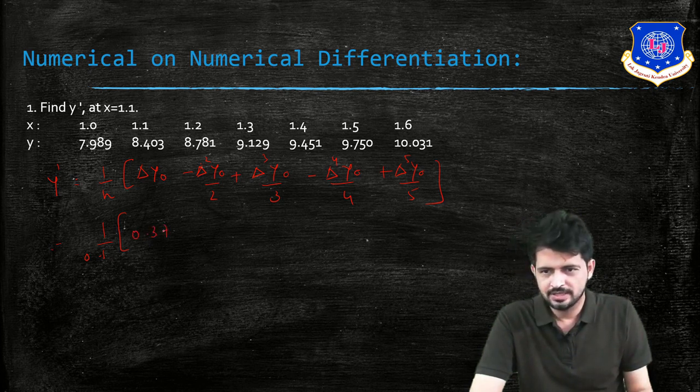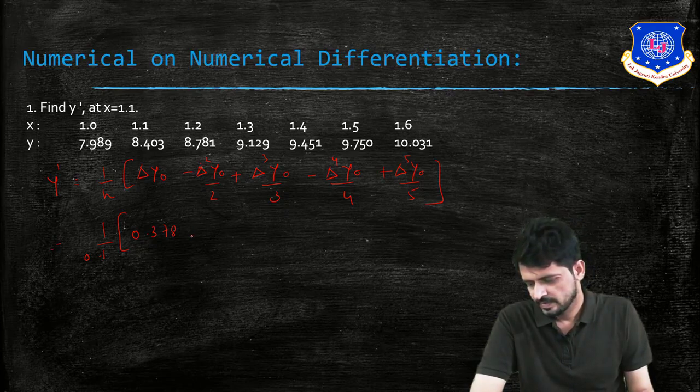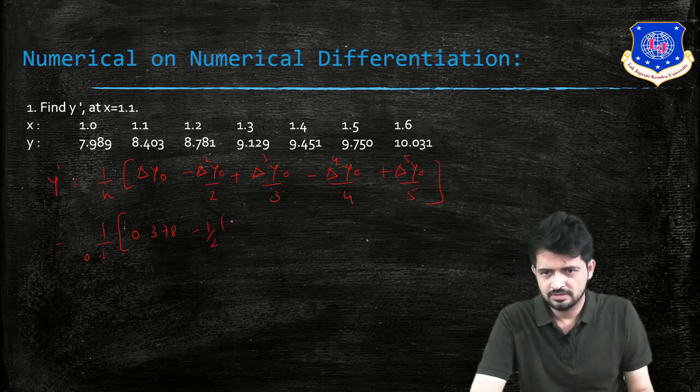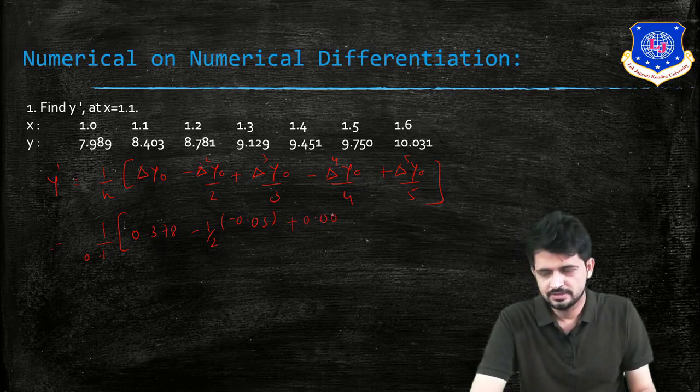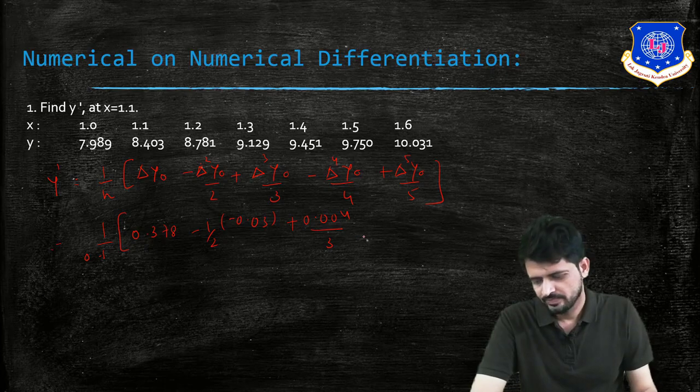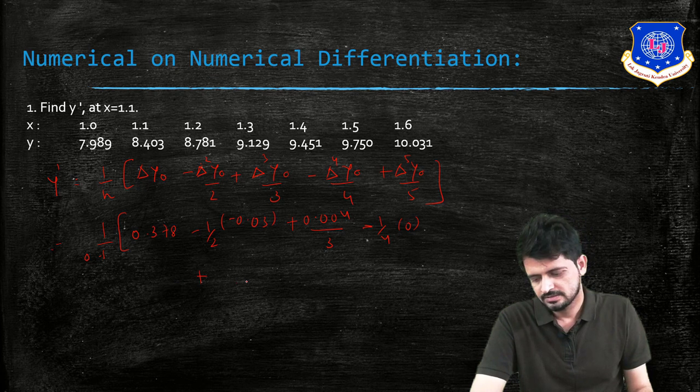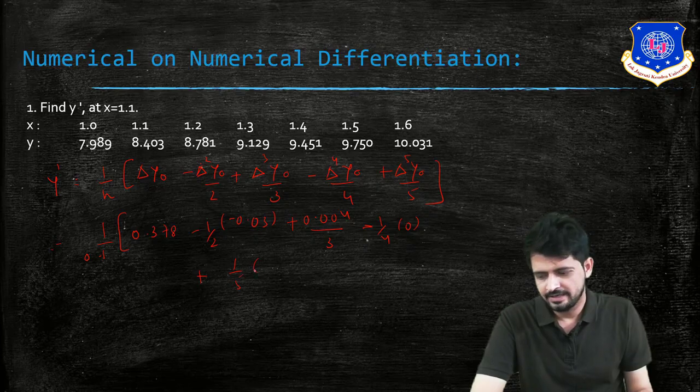Here we have to take 0.378, the second value of the table, right? Minus 1 by 2 into minus 0.03, plus 0.004 upon 3, minus 1 upon 4 into 0, plus 1 by 5 into minus 0.001.